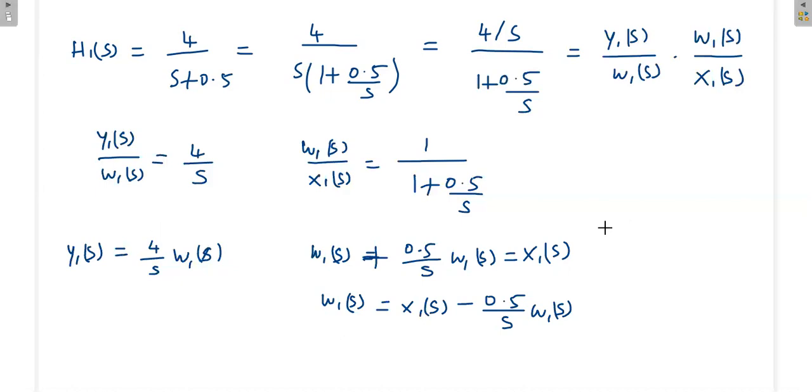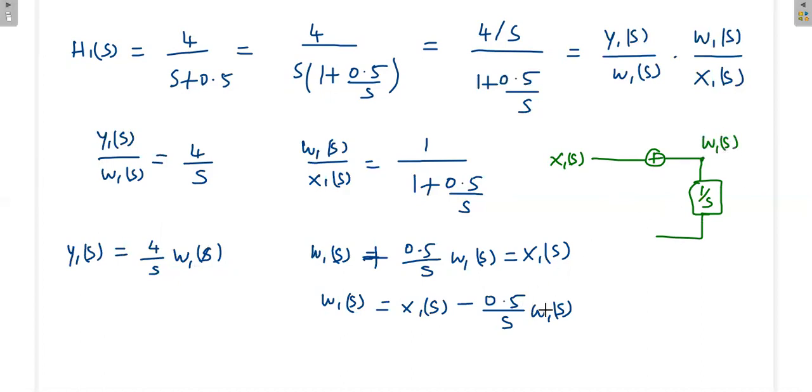Now I will draw it here. Say X1 is the input, and it's going like this. Then we use one integrator here, 1 by s. For the integrator, this is W1(s).